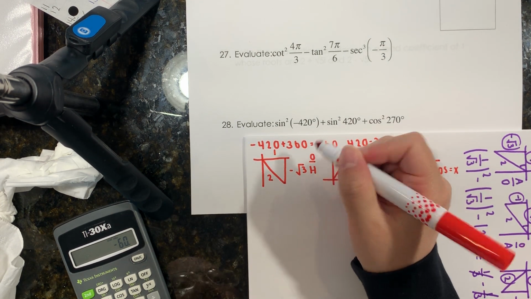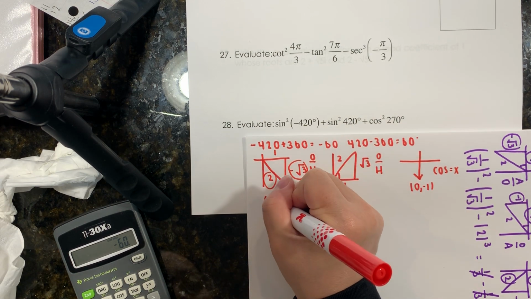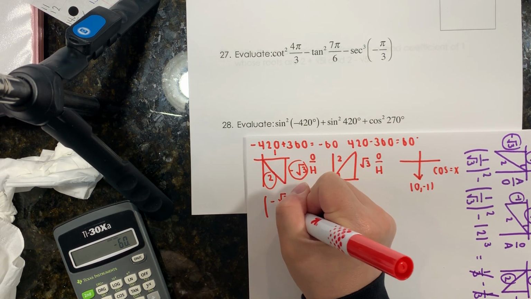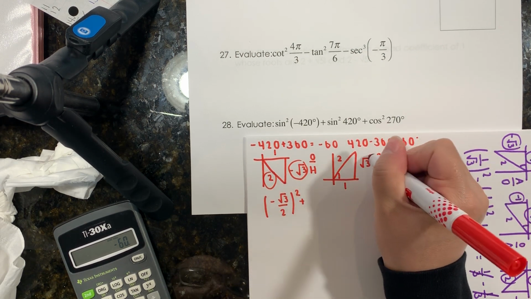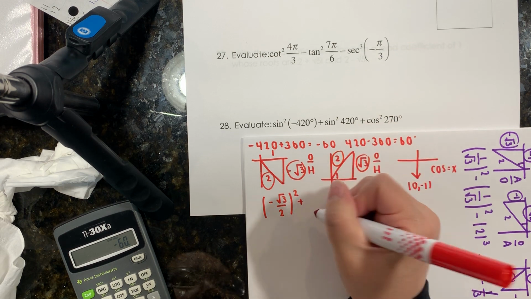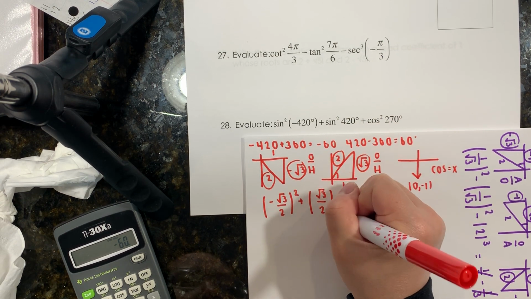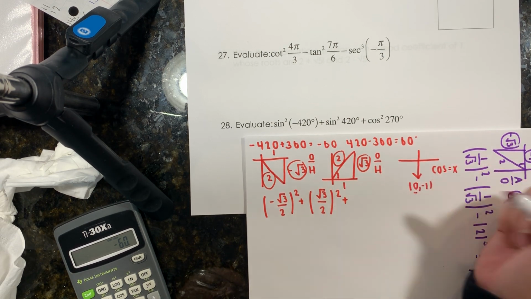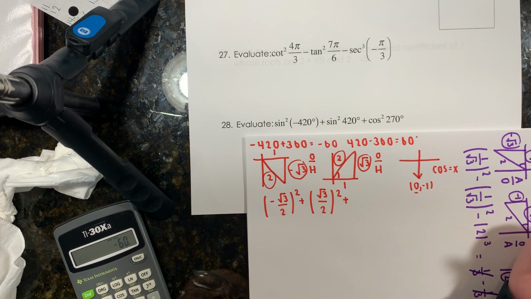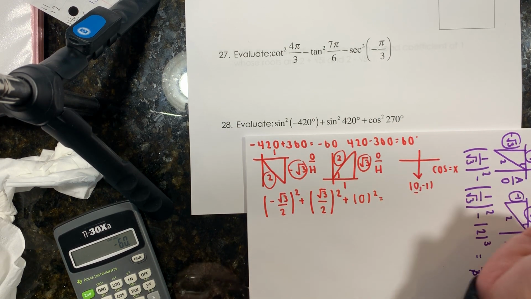So for this first one, opposite over hypotenuse would be -√3/2, but I would have to square that. The second one, opposite over hypotenuse, would be √3/2, but I would have to square that as well. And cosine of 270 would actually be 0, and I would square that as well.